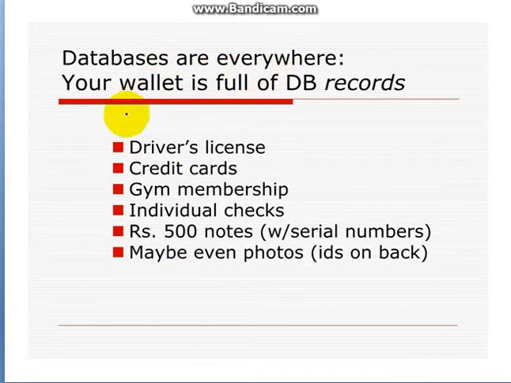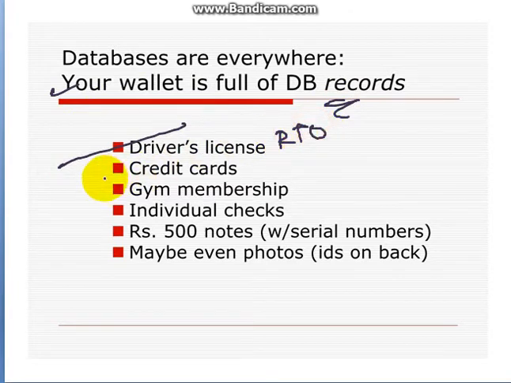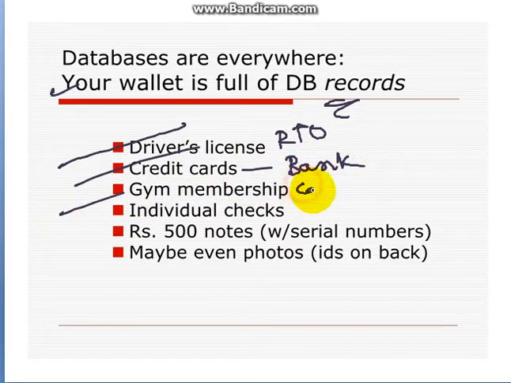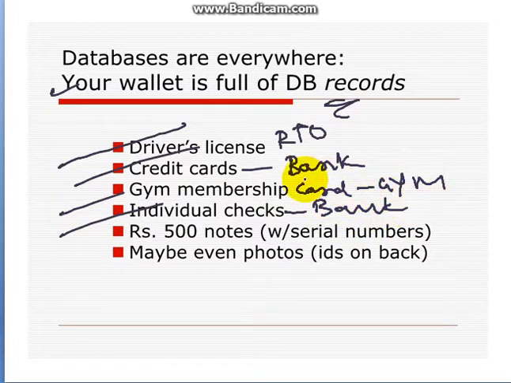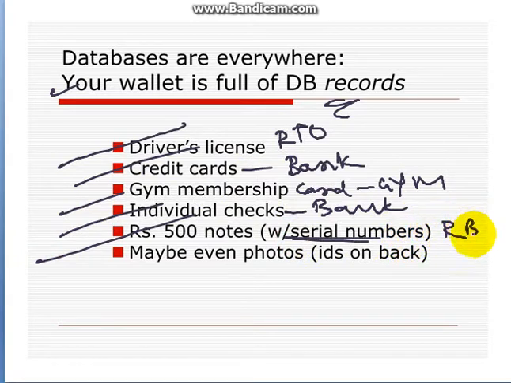So databases are everywhere. Your wallet is full of database records. For example, your driving license is a record of the RTO department. Your credit card is a record of your bank, and your gym membership card is a record of your gym. Your individual bank checks, you might have different kinds of checks. Your 500 rupee note contains a serial number; it is a record of the Reserve Bank of India, or whatever government you are associated with.